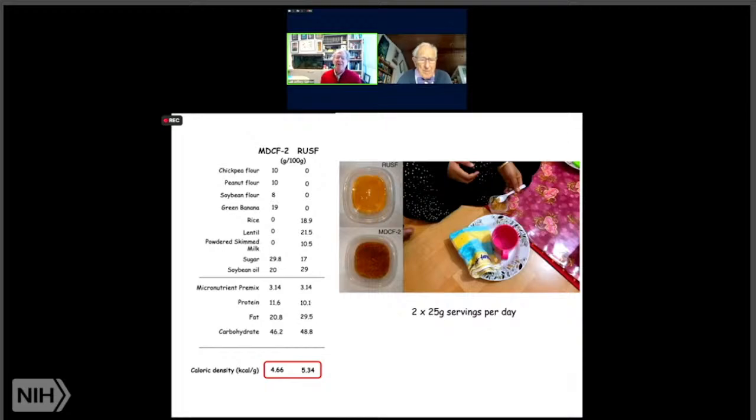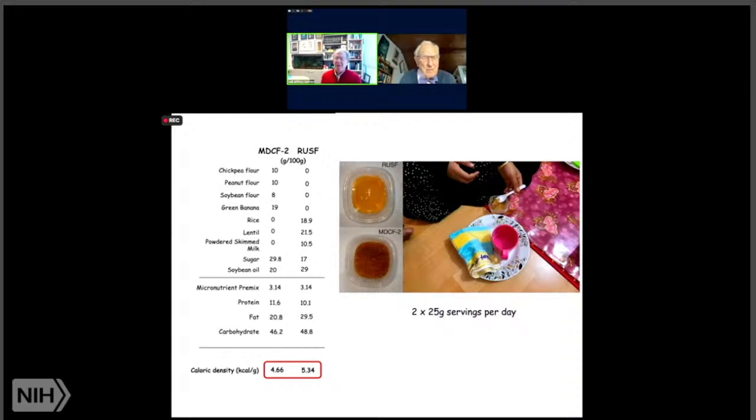There's no skim milk in MDCF2. It's very costly. And you can also see that there are micronutrients in both in equivalent amounts, that the protein energy and fat energy ratio and amount of carbohydrates are roughly equivalent, but that the caloric density of MDCF2 is 15% less than that of RUSF.